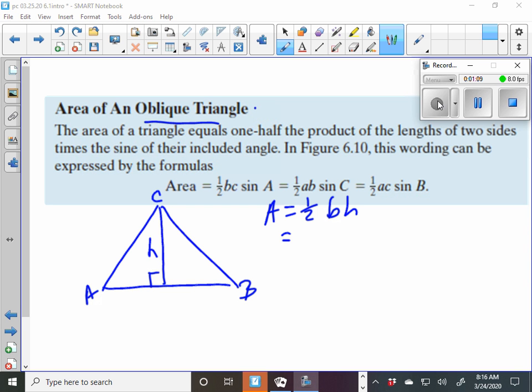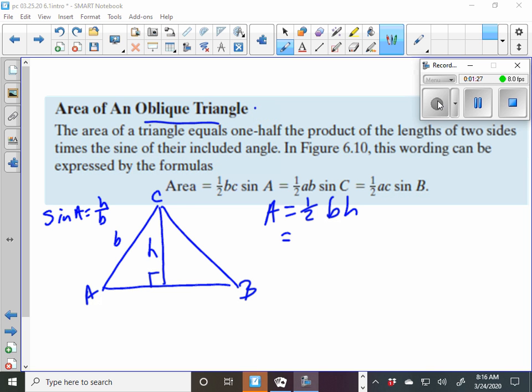So in order to find the height, we are going to look at the sine of A equals H over B, right?